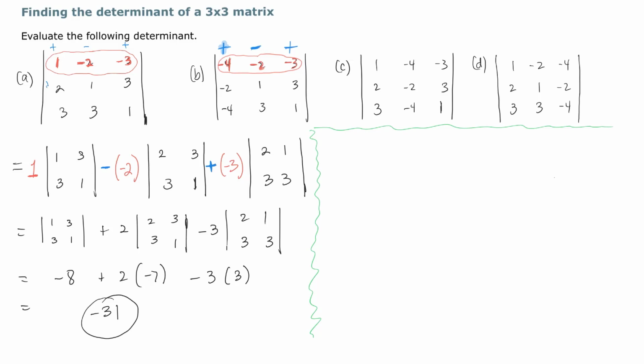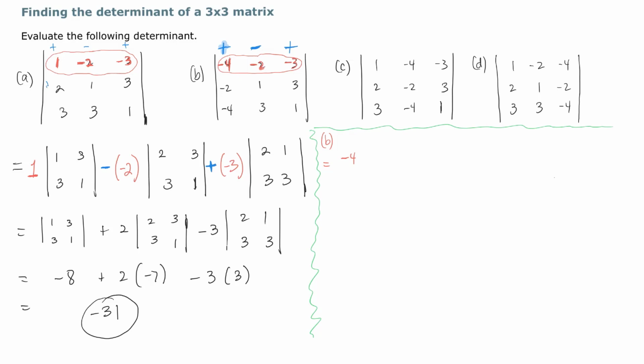So remember, I'm looking at example B. You actually have -4. It's equal to -4. And then what determinant is left? I'll try to highlight this for you.